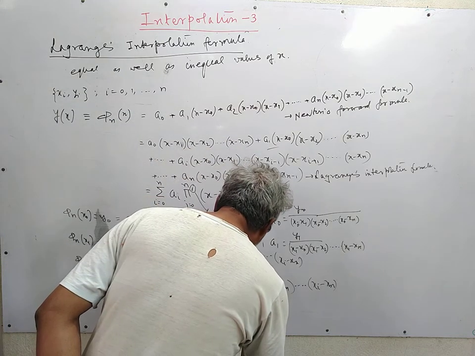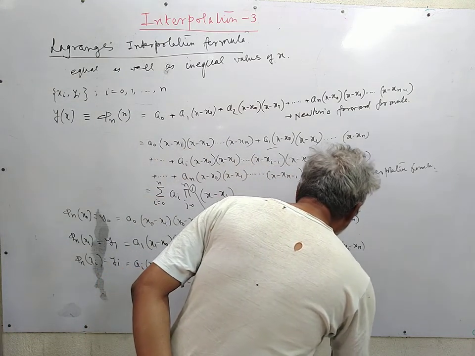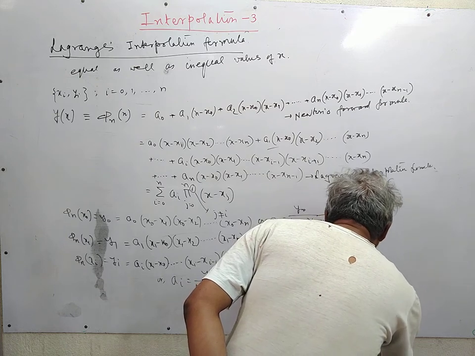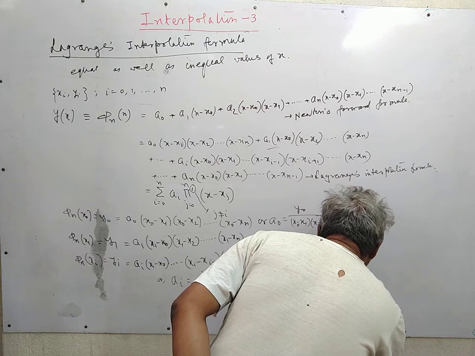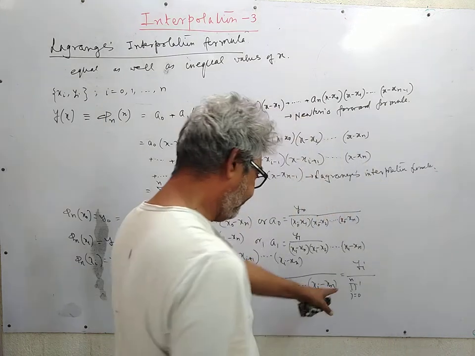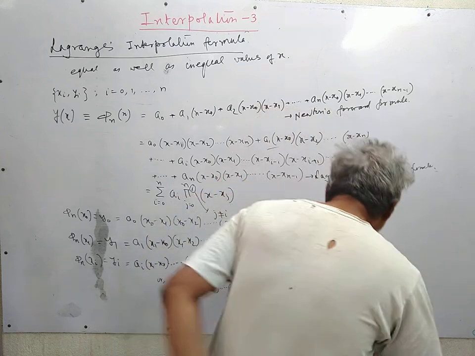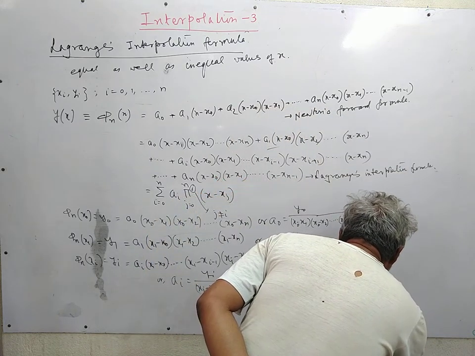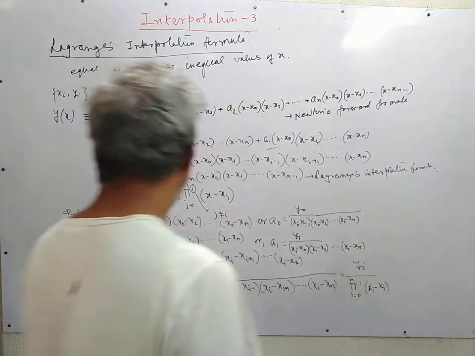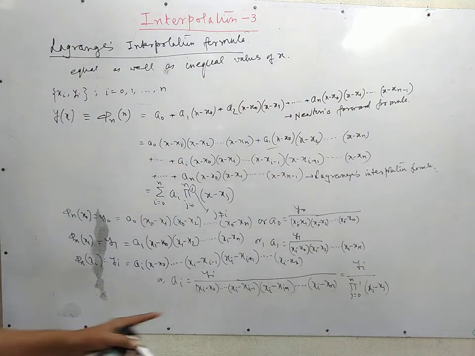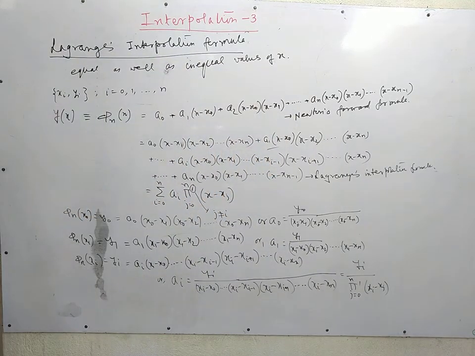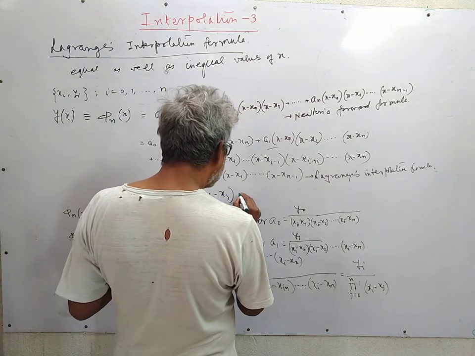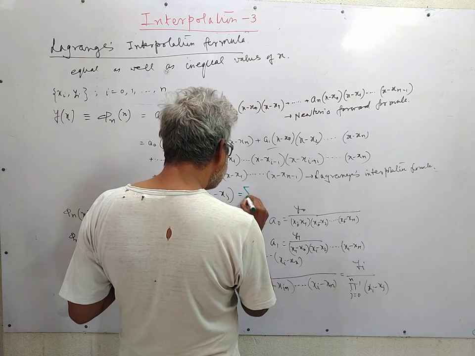We can write it as yi divided by the product over j equal to 0 to n with j not equal to i of xi minus xj, and that value of ai can be incorporated there, so that this formula becomes this very formula with ai being replaced.